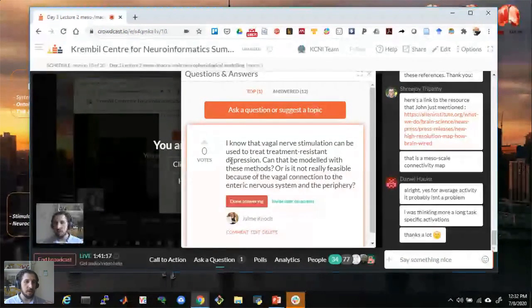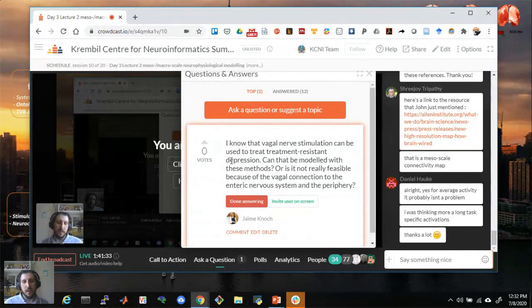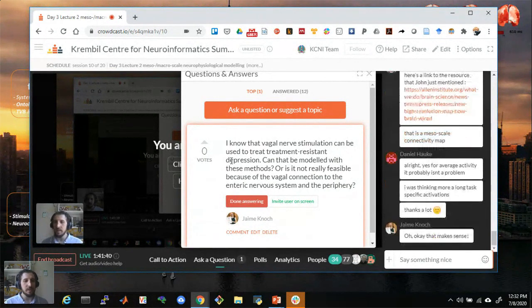So in the first instance, in modeling vagal nerve stimulation, although I'm not necessarily clear that this would be biologically what it is, I actually don't know what the physiology of vagal nerve stimulation effects is, the question would be where the stimulus is coming into the network, and that's the starting point for addressing that question. Okay, thanks.